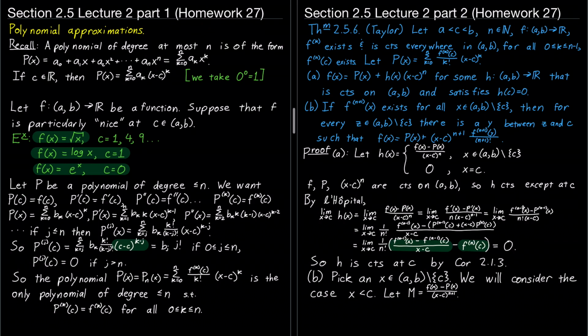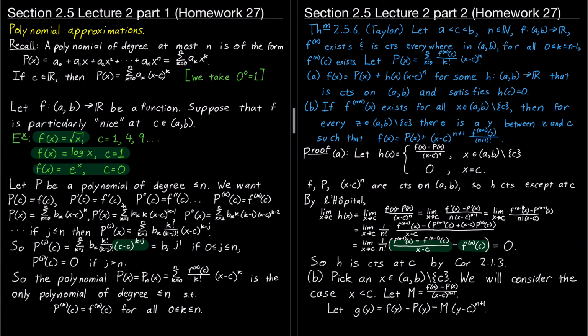And now let's let g of y be this function. It's f of y minus p of y, and then we subtract off m times y minus c to the n plus 1. Now, I want to emphasize we're thinking of x and c and f and n as constants. We're picking an x and a c and an f and an n, and we're fixing them for the rest of this proof.